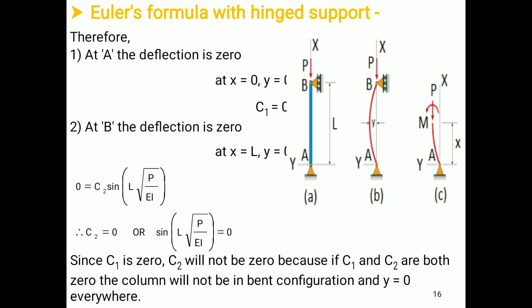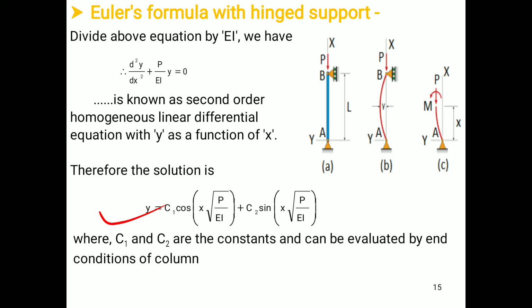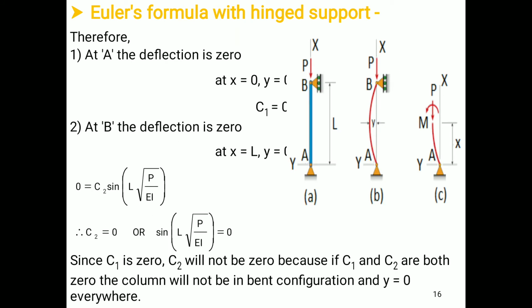So again you have to put these end conditions into this equation. The answer we get is 0 = c2 sin(L √(P/EI)).